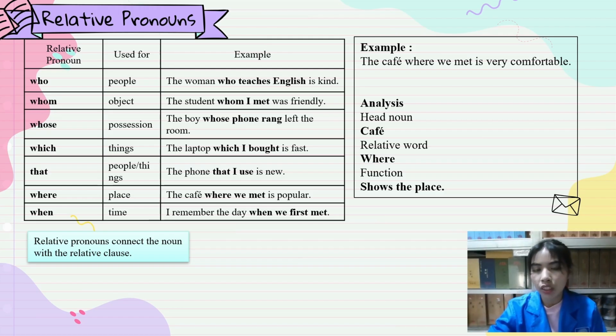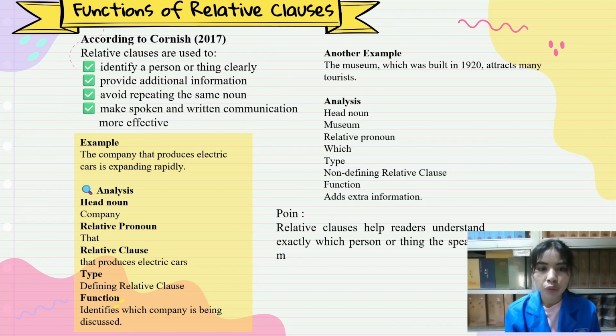Okay, so I have many examples. The cafe where we met is very comfortable. The analysis has the head noun cafe, and the relative word where refers to a place. So, next slide.